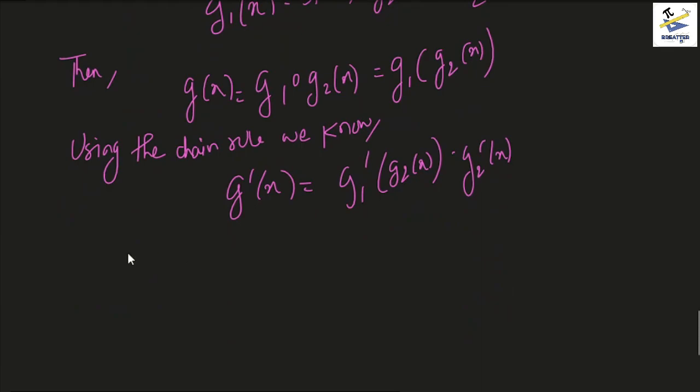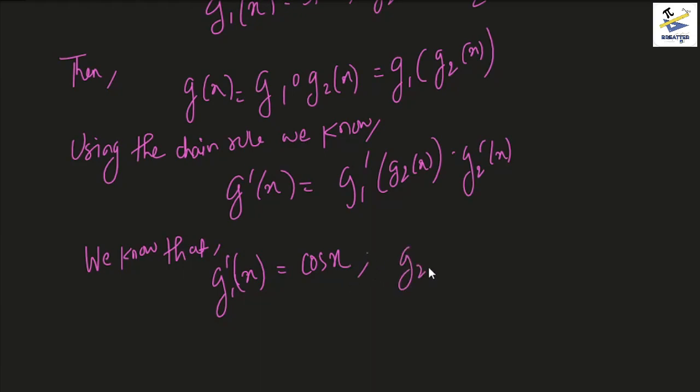And separately we know that g1 prime of x is basically, for sine x, cosine of x, right? And similarly g2 prime of x should just be pi by 2.